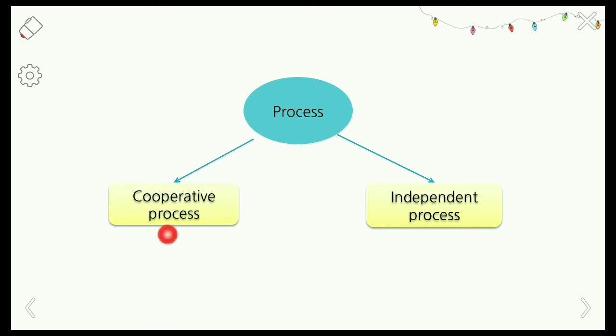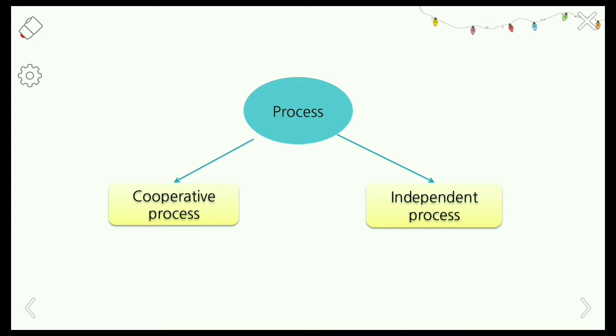In the independent process, execution of one process won't affect the execution of another. So process synchronization is needed only in the cooperative process, since multiple processes need to execute concurrently and access shared data, and to avoid inconsistency, synchronization is a must.